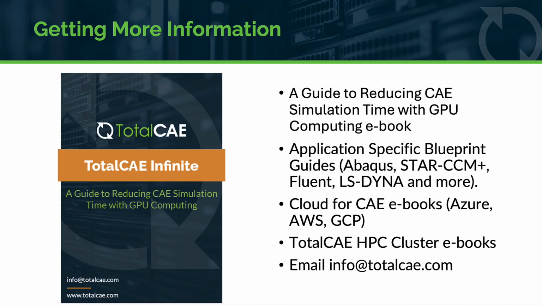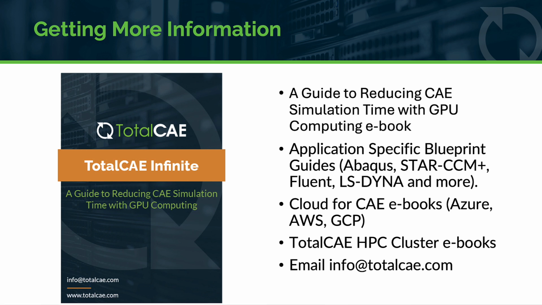Now, if you're interested in getting more information, of course, speaking with your CAE solver vendor, they'll always have great resources. We do have a reducing simulation time ebook that has a lot of the things in this webinar in an ebook format and in even more detail. And then we have application-specific guides on different apps and how they relate to GPUs. Same for the cloud computing books.